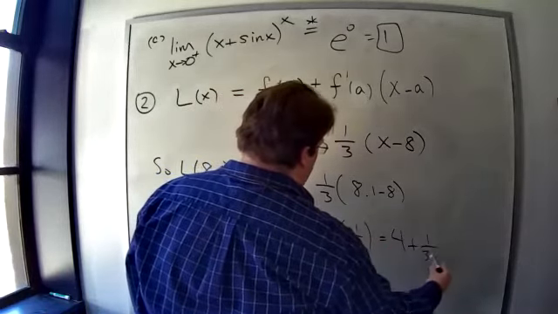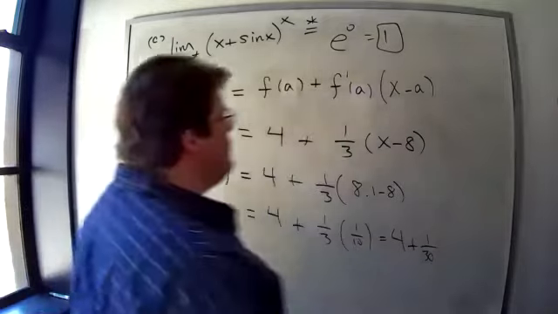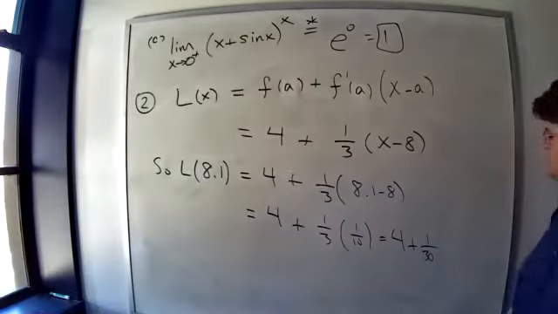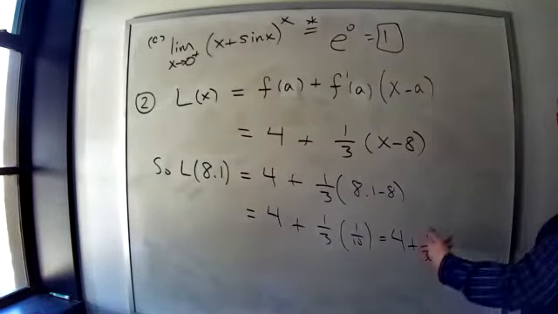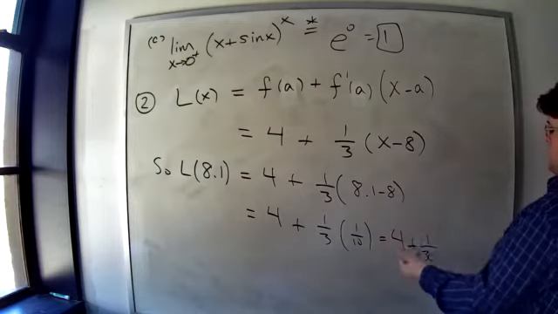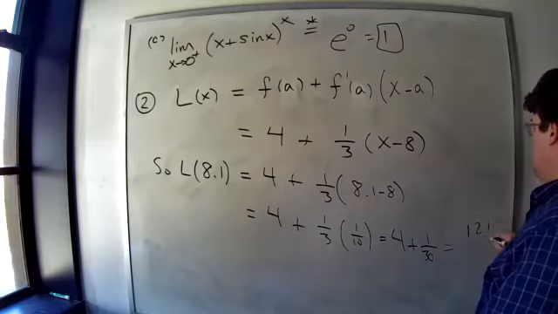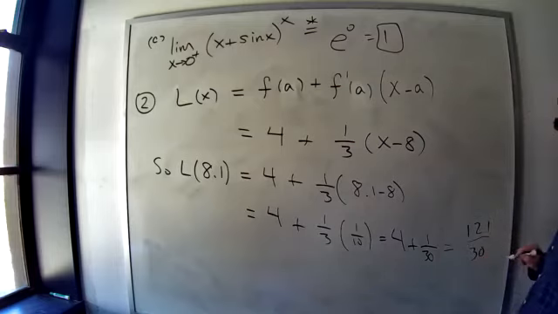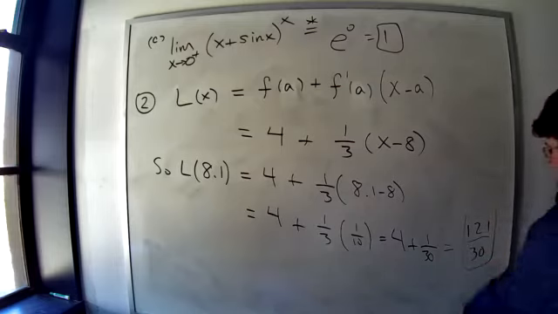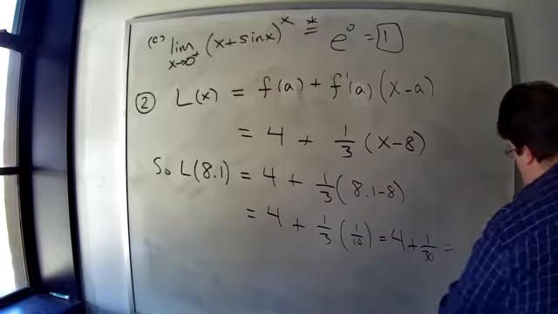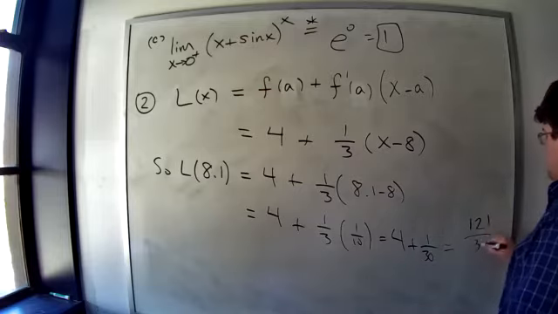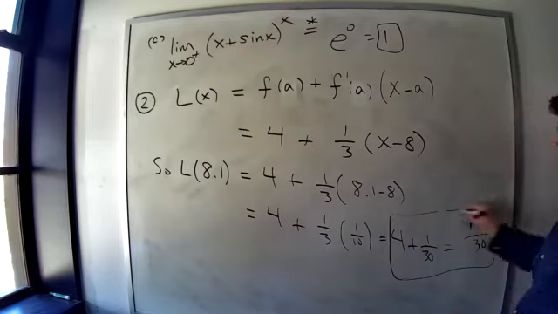So 4 plus 1/30. And for a linear approximation, that type of answer is fine because it conveniently illustrates that our answer is a little larger than 4. But if you wanted to write it as one fraction, whichever answer you'd prefer to give is fine.